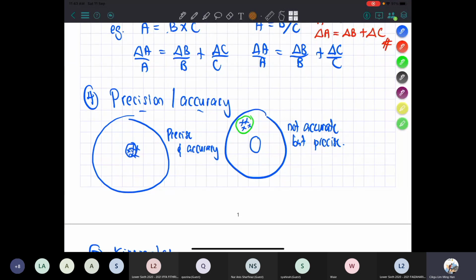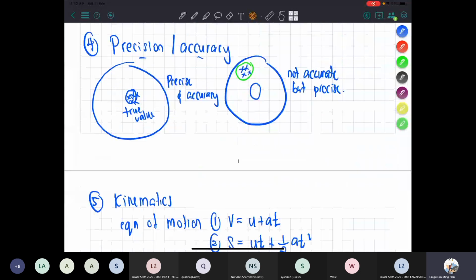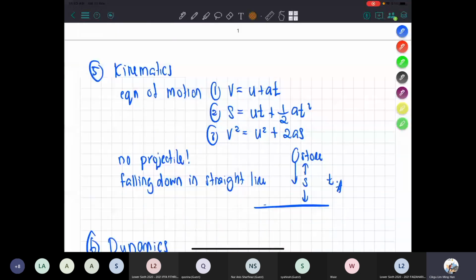The center represents the true value. So I can say that this one is precise and accurate. And the other one here, as you can see, the crosses are far away from the true value. So this one is not accurate, but is precise because they are very close to each other. The range is very small.